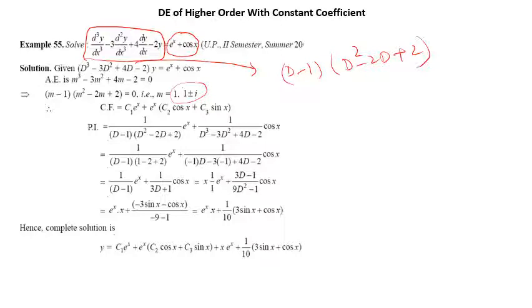Now for e to the power x, replace D by 1. If we replace D by 1, then this term becomes 0 and this term does not. Where this term does not become 0, replace D by the coefficient of x. The coefficient of x is 1, replace D by 1. 1 minus 2 plus 2. Okay, this term is 0.